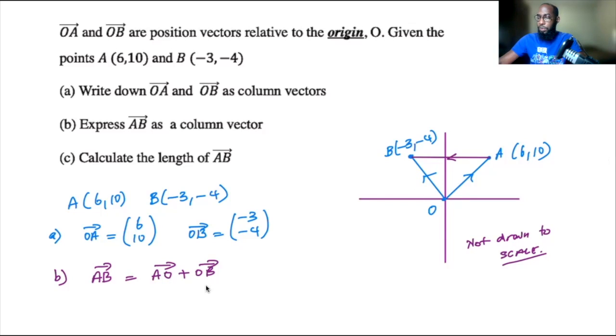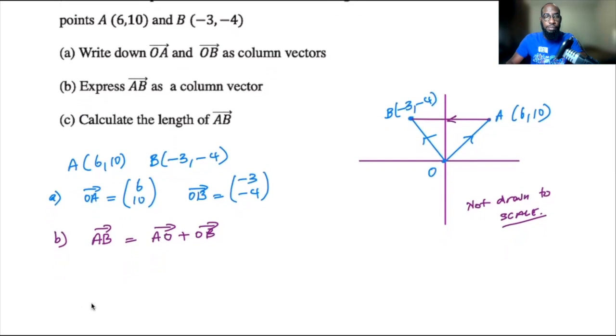All right, so let's work out this question now. We have AB is equal to AO plus OB. So this is equal to AO, changing the signs, plus OB.